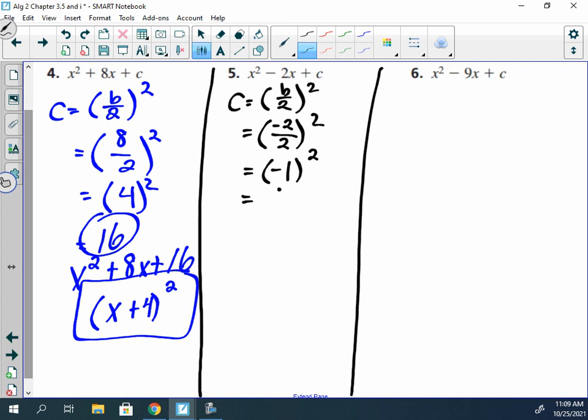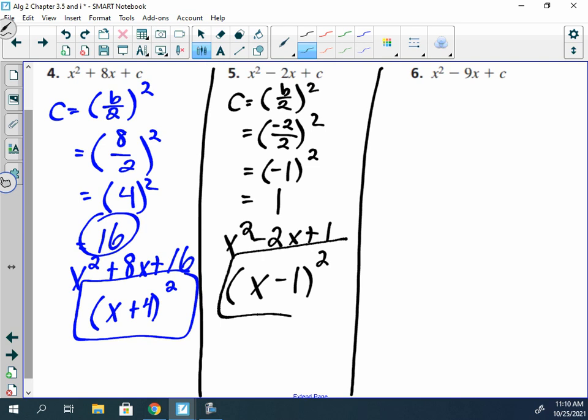What is negative 1 squared? 1. So our polynomial would be x squared minus 2x plus 1. It's x minus 1, because the number inside the parentheses before we squared it was negative 1.